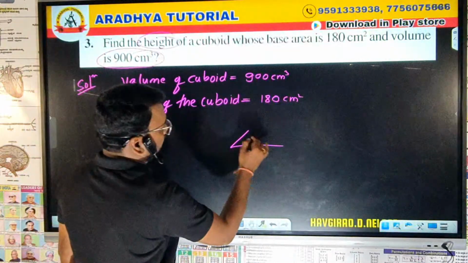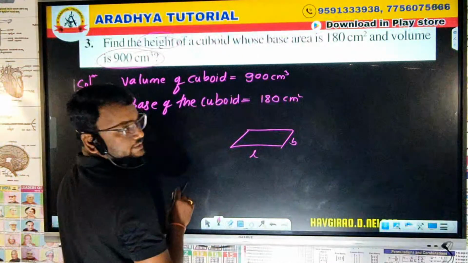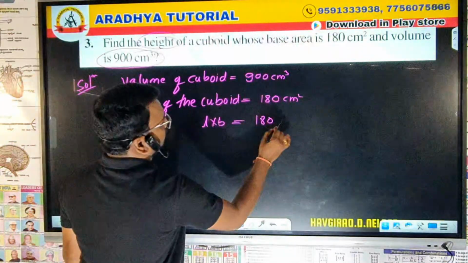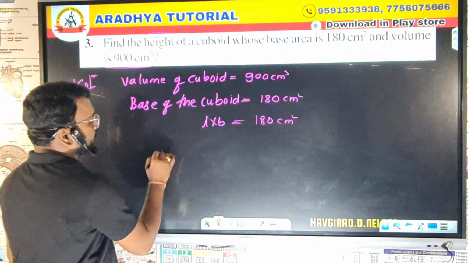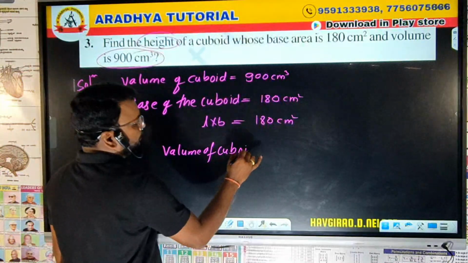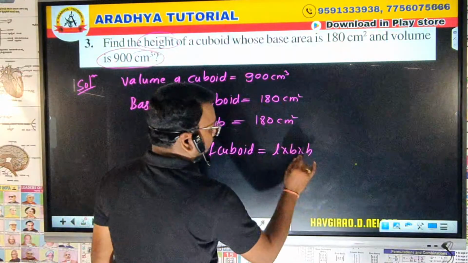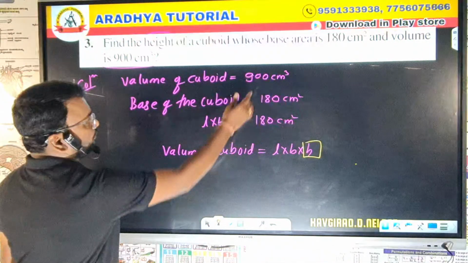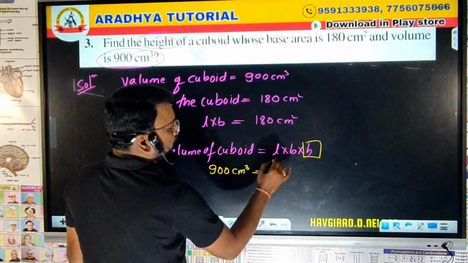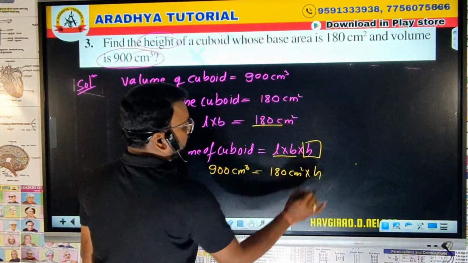Listen here, base we are considering as L into B. That L into B equals 180 centimeter square. Volume of cuboid formula is L into B into H. We want to find this H, no? Keep H as it is, and volume of cuboid 900 centimeter cube equals L into B, 180 centimeter square, into H. Keep H as it is.